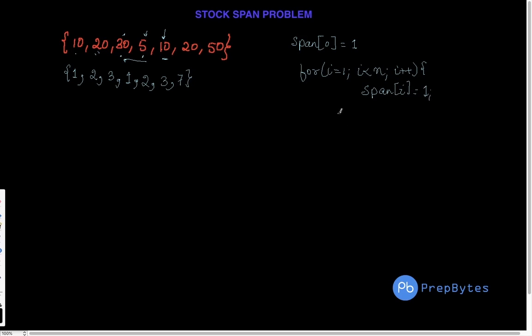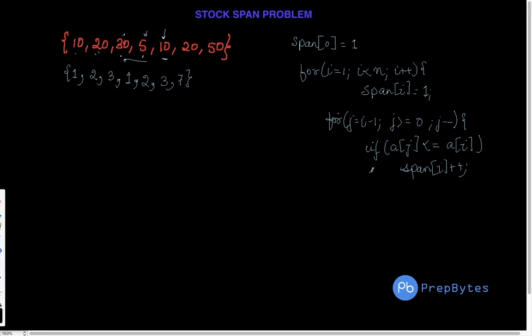And I'll run a loop from j equal to i minus 1, and it will run only till j is greater than or equal to 0, and I'll keep decrementing j. In this loop I'll check if a of j is less than or equal to a of i. I'll simply increment span of i.